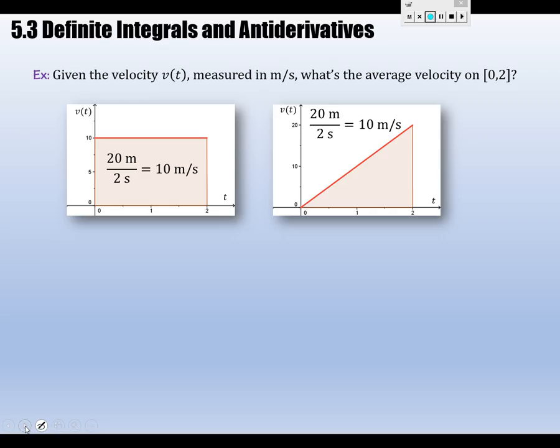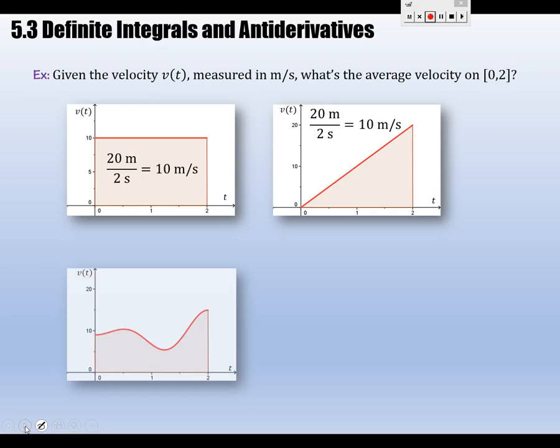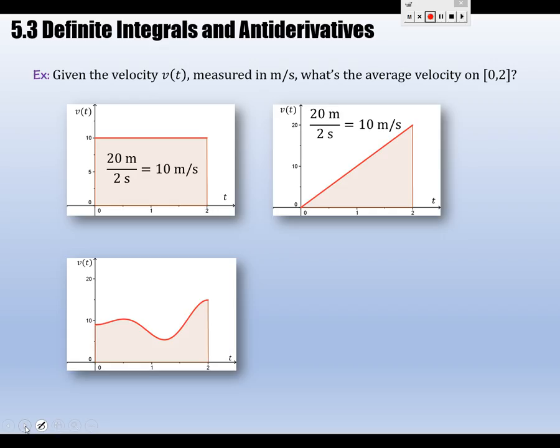The other way to think about it is intuitively: if you ask someone who never studied calculus, they might say, if you started at 0 meters per second and ended at 20 meters per second 2 seconds later, maybe the average is 10 meters per second, which turns out to be right too. There are a couple ways to think about it. Here's a velocity curve under which I promise the area is 20 meters.